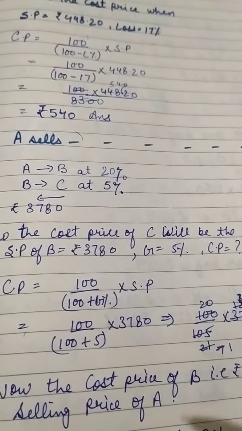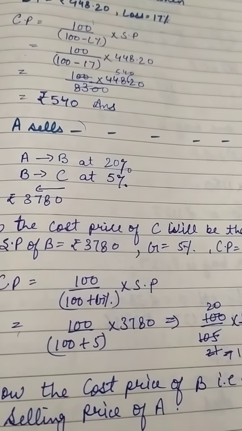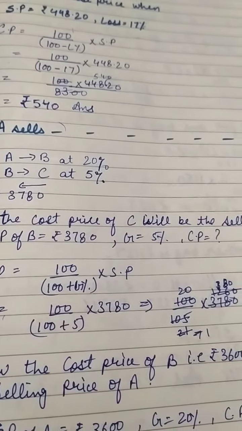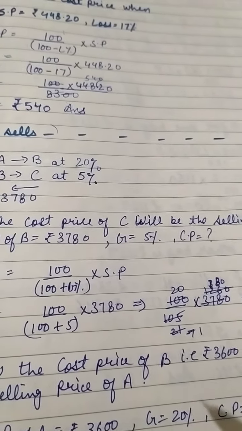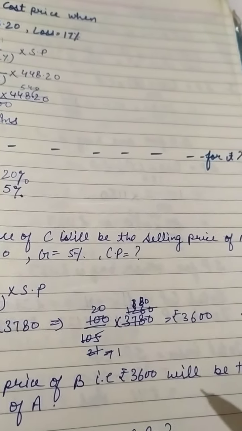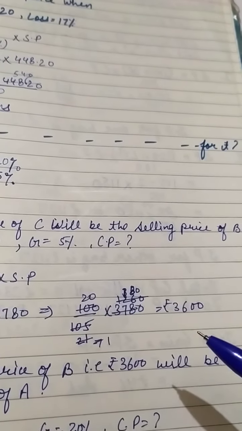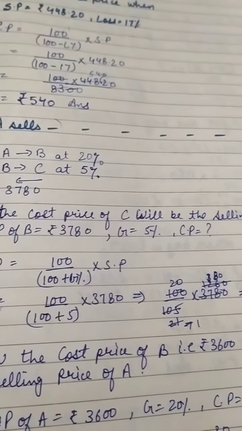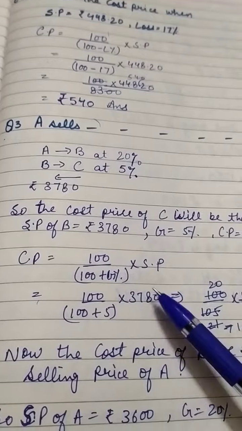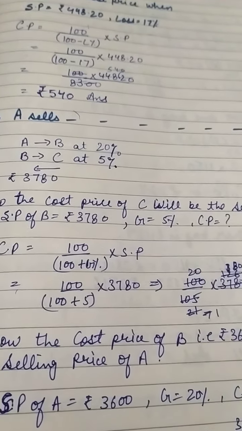So if we know the direct formula, we can apply that also. Okay, so 100 upon (100 plus gain percent) into SP. So gain percent is 5, so 100 plus 5, 105, and after doing calculation we have rupees 3,600 as the cost price of B. Okay, that is the cost price of B.